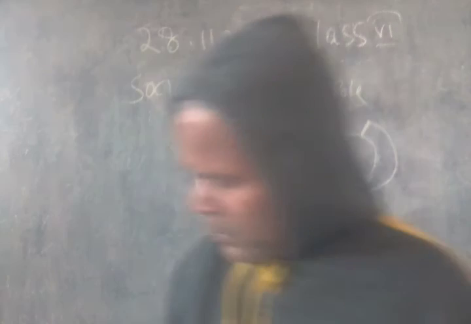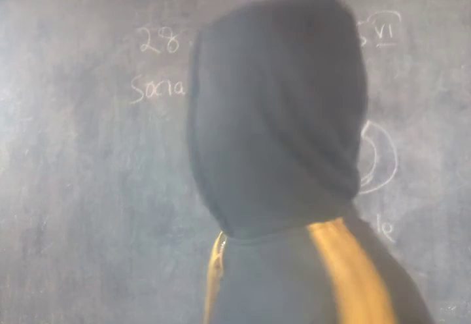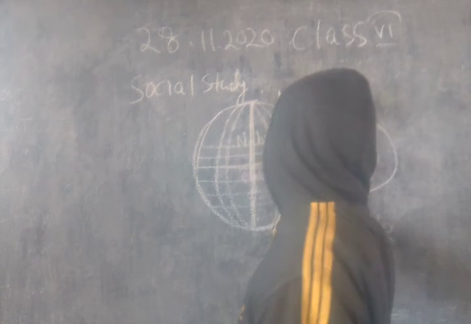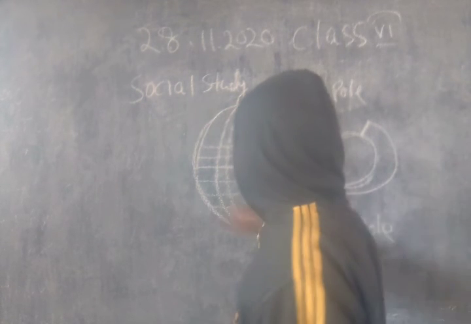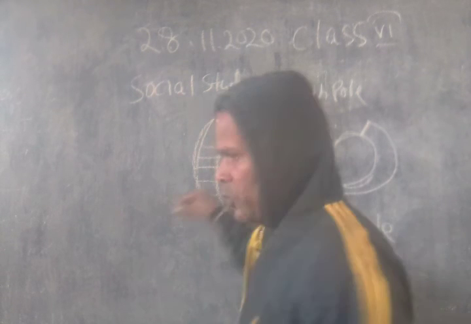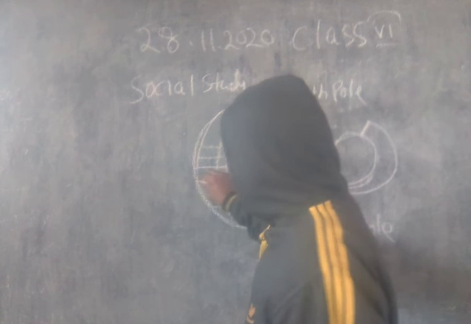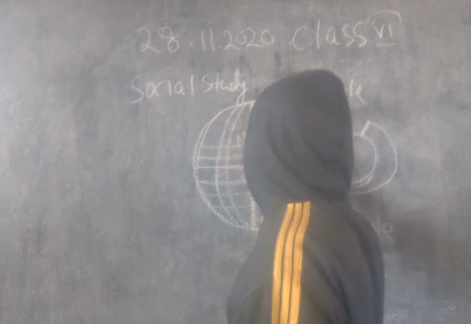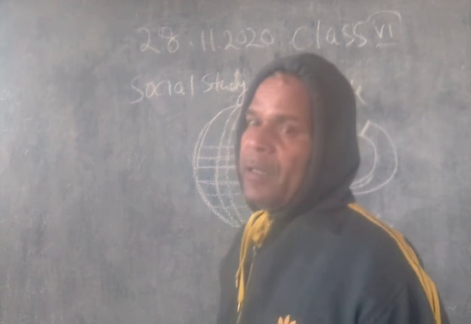So, all circles parallel to the equator. This is the equator, and this means it is a circle. Our globe is one round sphere. Many other lines have been drawn which are parallel to the equator.